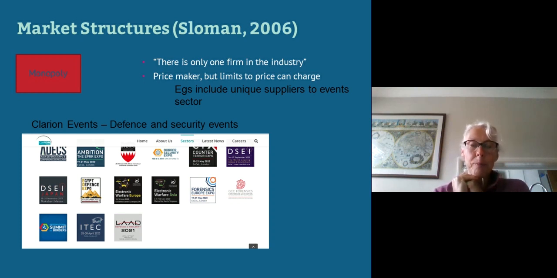So I've given an example there of Clarion Events. Now, Clarion Events are a big events company who do a range of different kinds of events, but one of the areas they specialise in is defence and security events, where they're doing large exhibitions where companies who produce defence equipment, weapons, security systems, they exhibit those, and they target, for instance, international governments, but also companies who need security systems, that sort of thing.